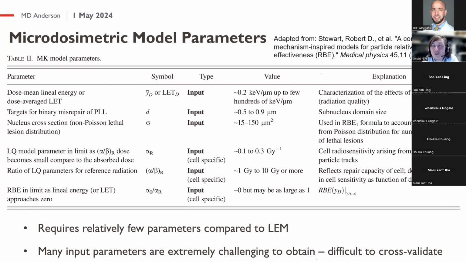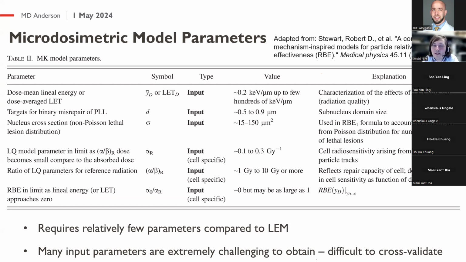So here there are clearly far fewer parameters needed than with LEM. But like LEM, these parameters are pretty challenging to obtain. In particular, dose mean lineal energy is rarely reported alongside survival data in literature. Just LET is far more common to have.